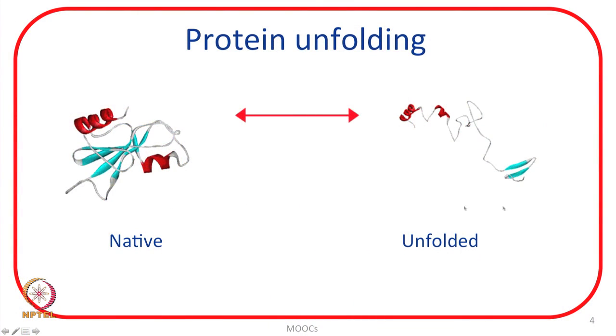Let us take a look at the slide. In this slide, we are interested in understanding the thermal unfolding of the protein from native state to unfolded state, and let us discuss how differential scanning calorimetry can be successfully applied to study this.